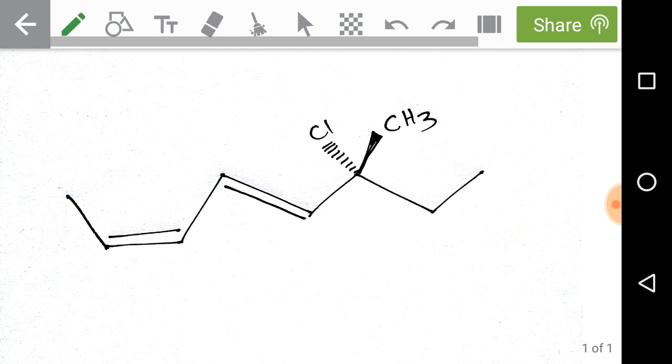That is the parent name, because it has 8 carbons in its longest chain, which is considered the parent chain here.